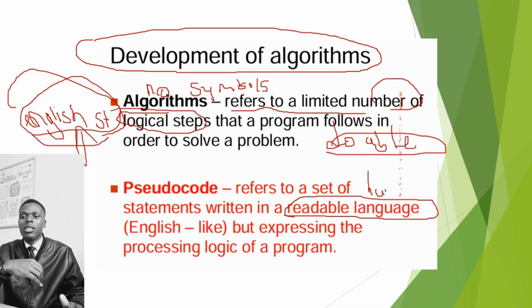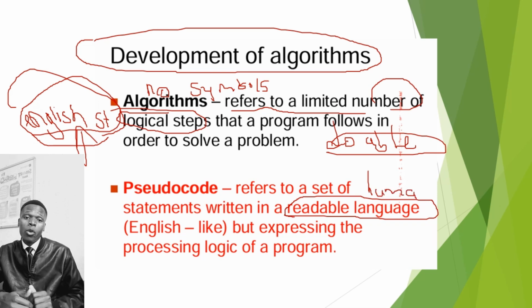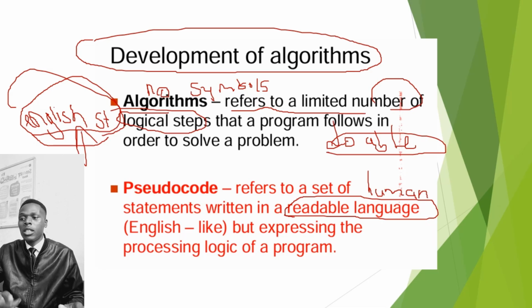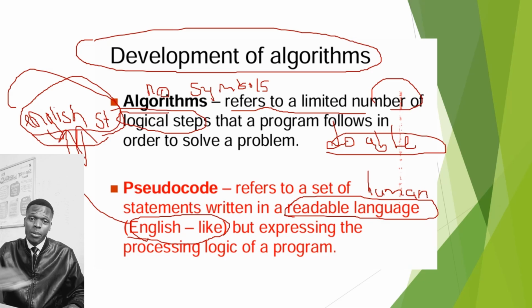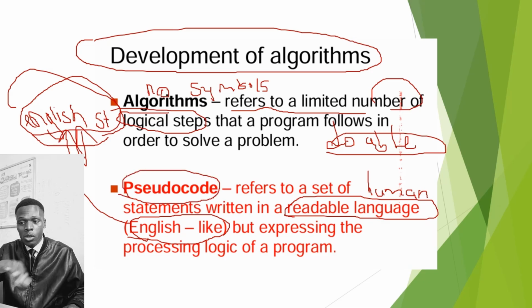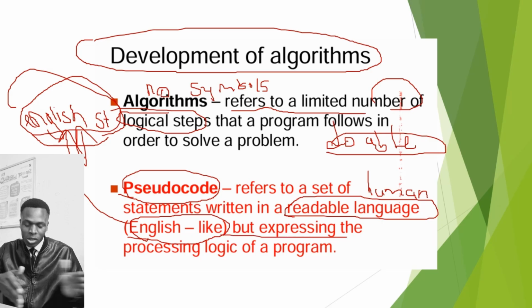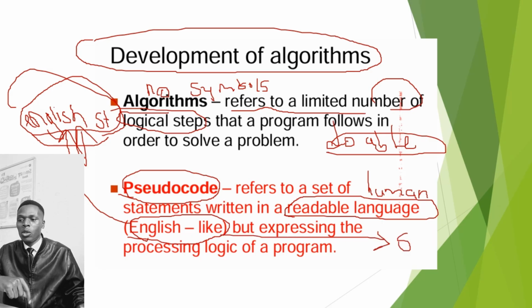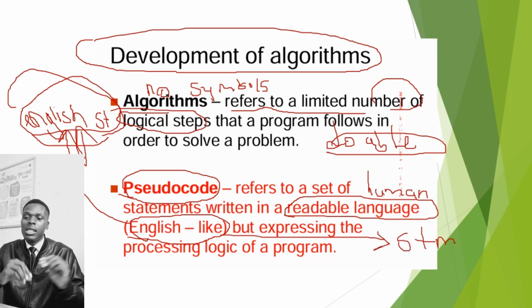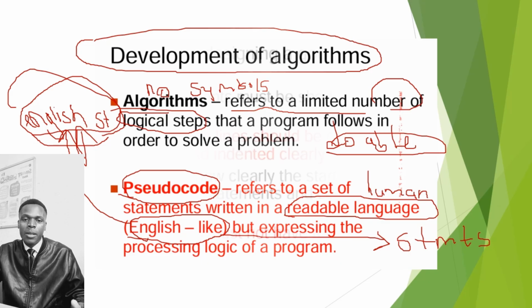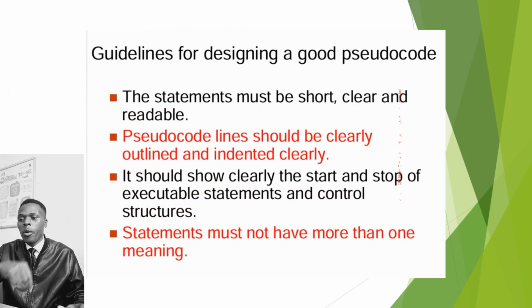These are English statements that one needs to follow to create a flowchart. And a pseudocode is English-like statements, and they don't have the symbols or the flow diagram, but it's English statements. That is the key one. When we are marking and we see that term, that means you are correct.